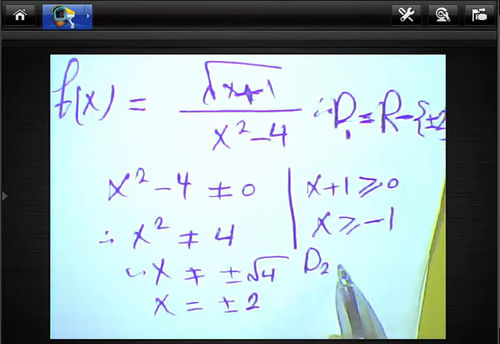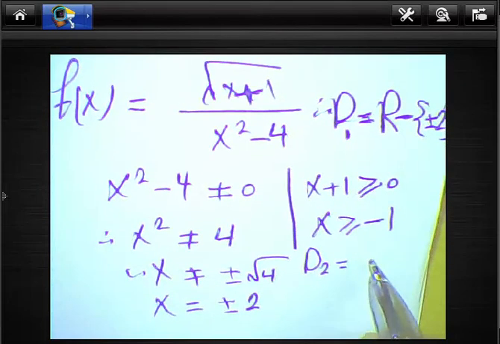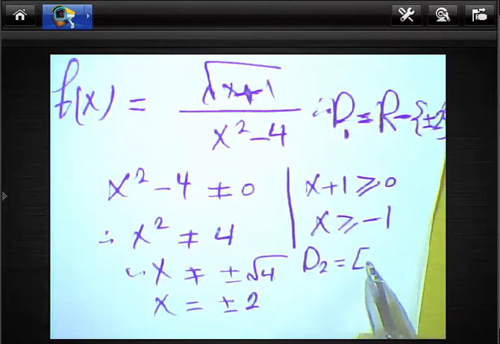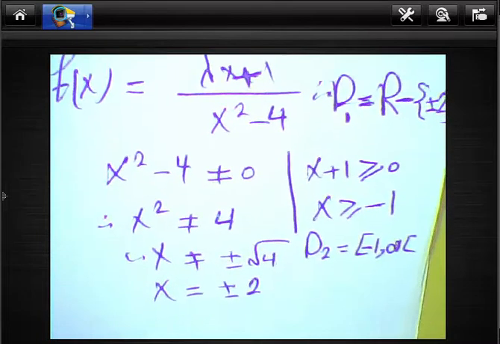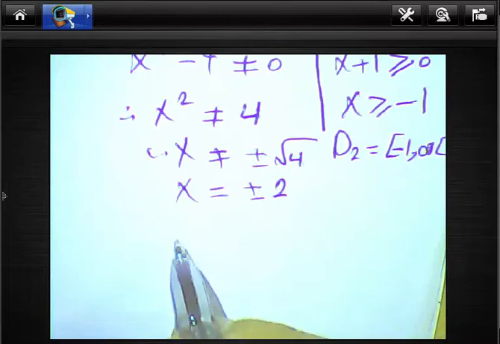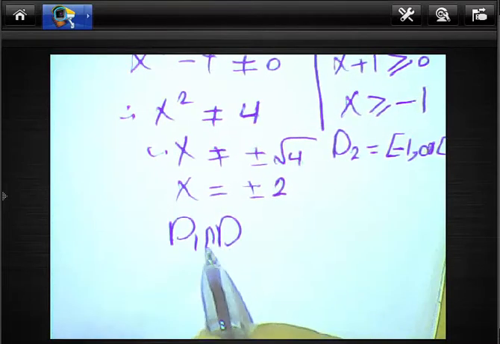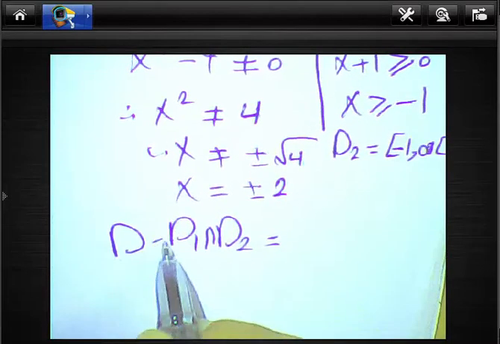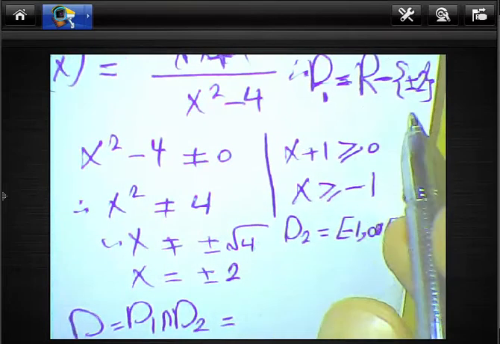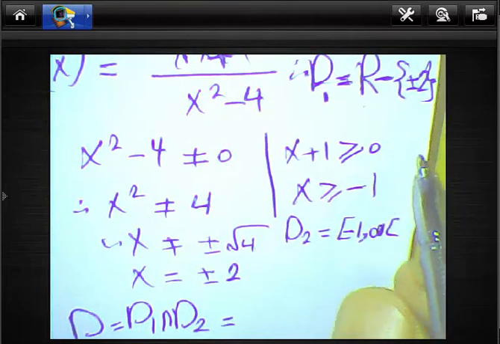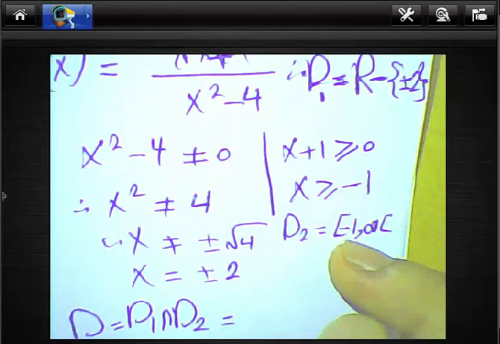Then we can write D2 equals closed from -1 to infinity. So we can find D1 intersection D2 to find the domain of this function: R subtract positive 2 and -2 intersection -1 to infinity.